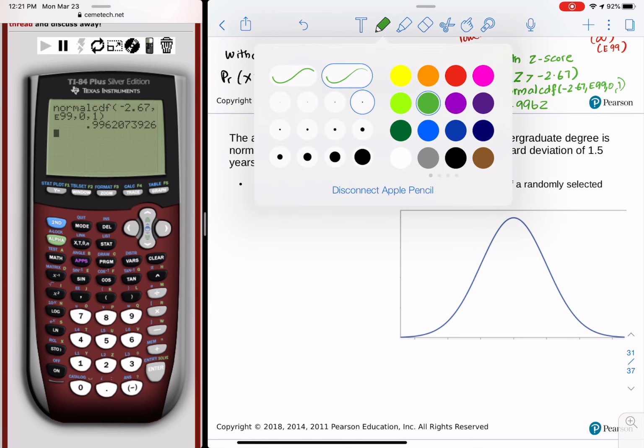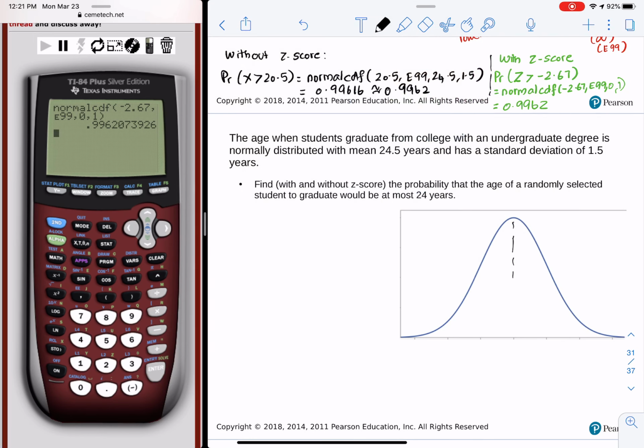So here we have a case where we want to find the probability, with and without a Z-score, that the age of a randomly selected graduate student to graduate would be at most 24. So 24 is somewhere right over here, and we are trying to find that area.